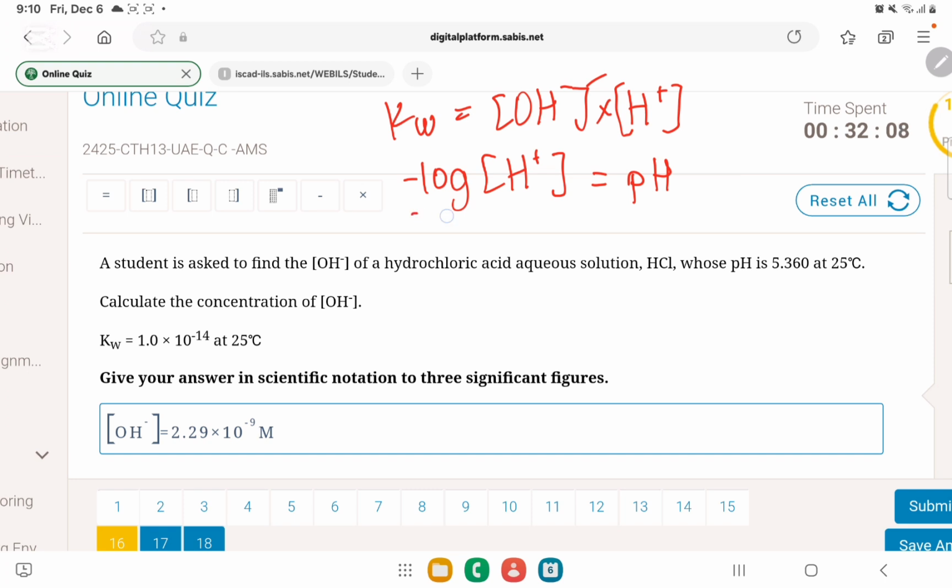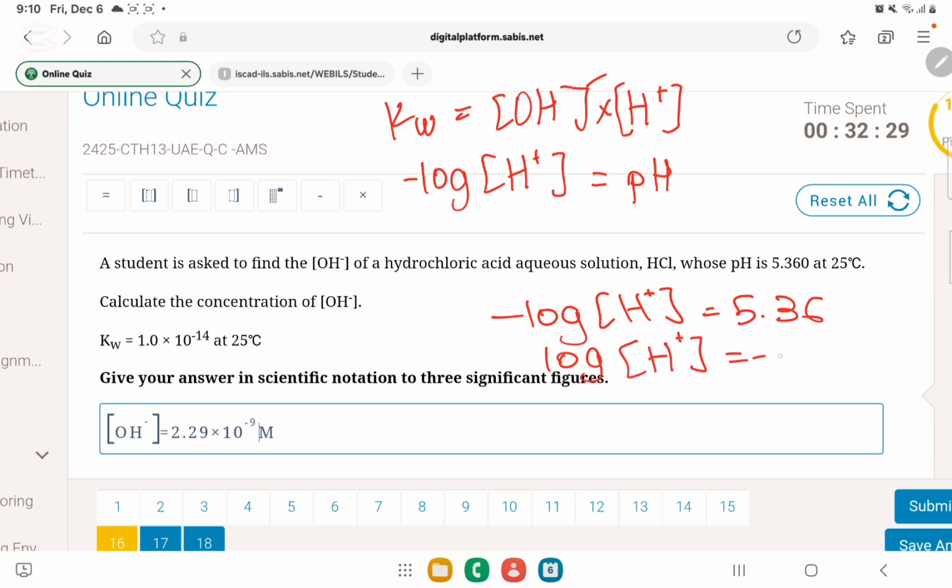So first we use this formula since we only have the pH. So negative log of H plus is equal to 5.36, and if you don't have a calculator that solves for x, you multiply both sides by negative to get log of H plus is equal to negative 5.36, and then you do 10 to the power of negative 5.36.